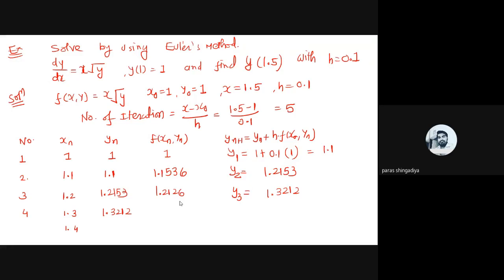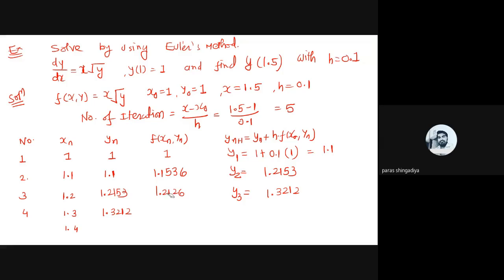Is the y3 answer correct? Is there any mistake? Answer of y3 is correct or not? It is 1.2153, that is y2 answer. Okay, it is 1.2153. Function value, let us check it. 1.2 square root 1.2153. That is incorrect now.